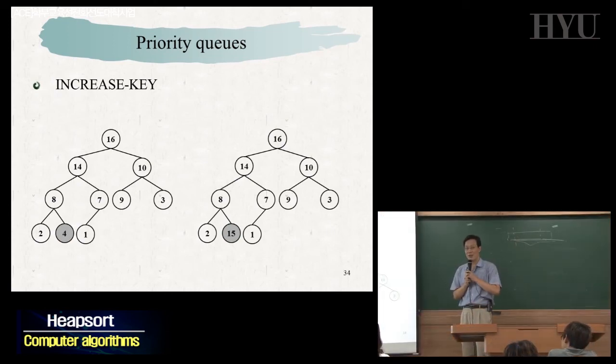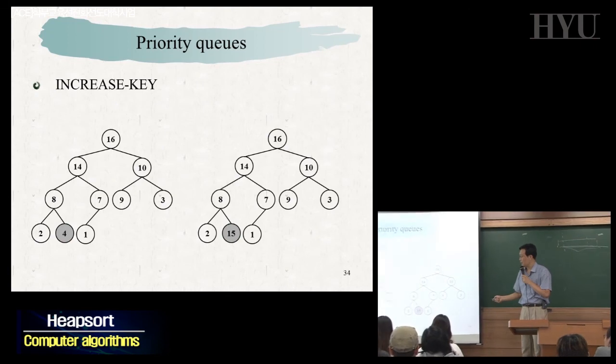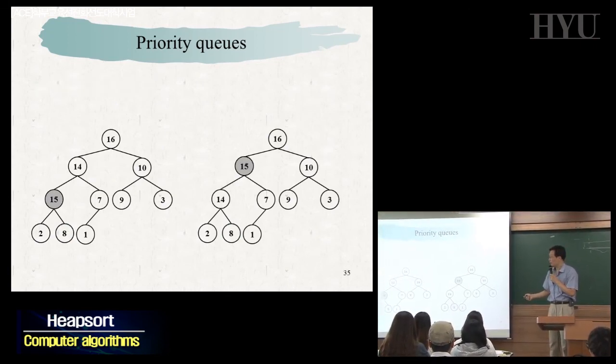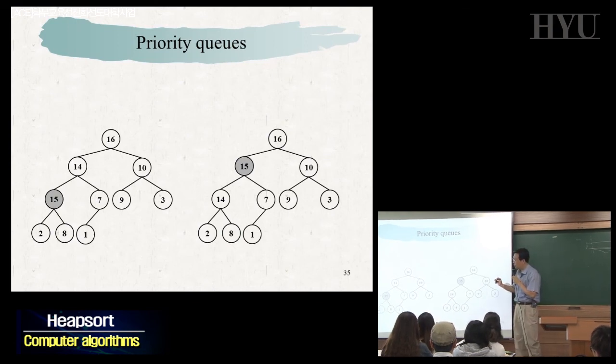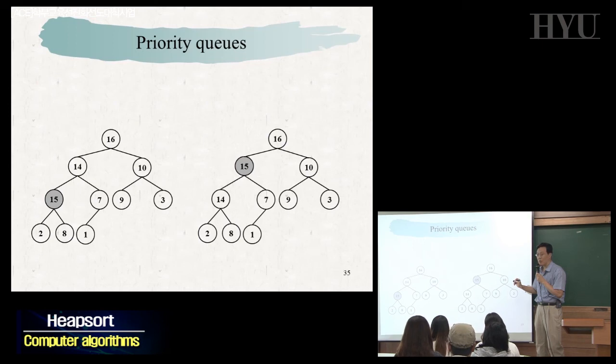In this case, it traverses up the tree. First, we exchange 8 and 15 because 8 is smaller than 15. Then note that there is no violation between these three keys because 15 is bigger than 8. 2 is still smaller than 15.